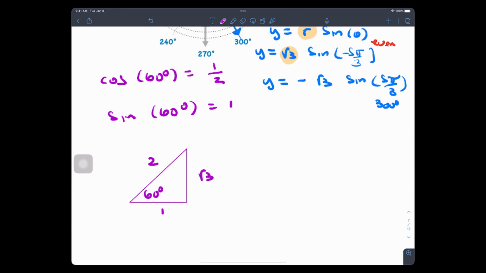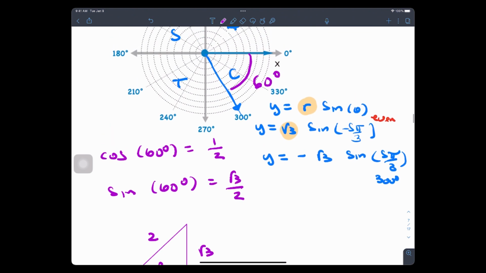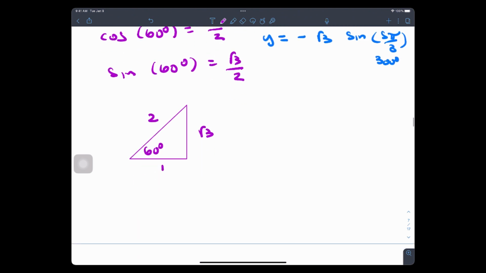And what's sine? Square root of 3 over 2 for that reference angle here? Okay. So what does that mean about cosine of 300 degrees and sine of 300 degrees, right?